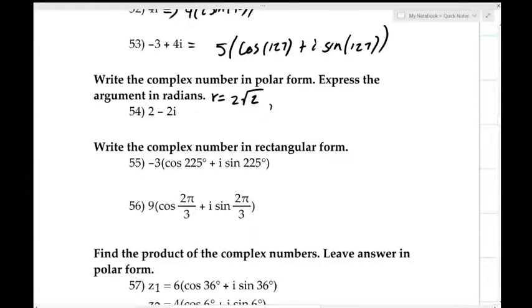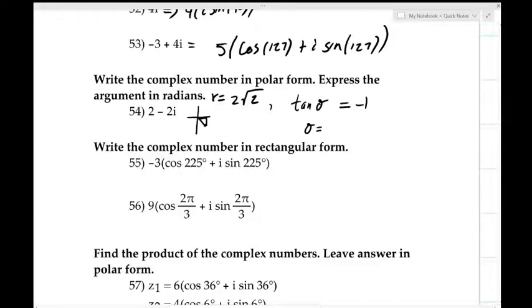Now, since that point is in the fourth quadrant, meaning to the right and down, we're going to do tangent theta equals the b value over the a, so that means negative 2 over 2, which gives us negative 1. And so when we take the inverse of it, what do we get?